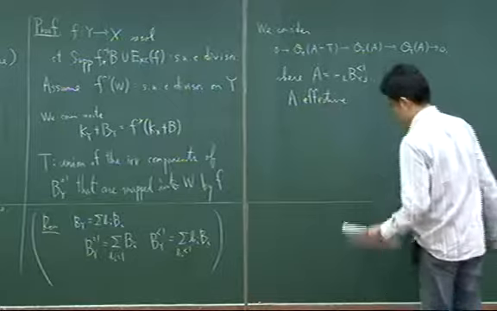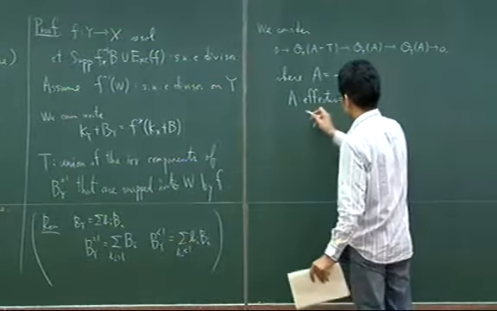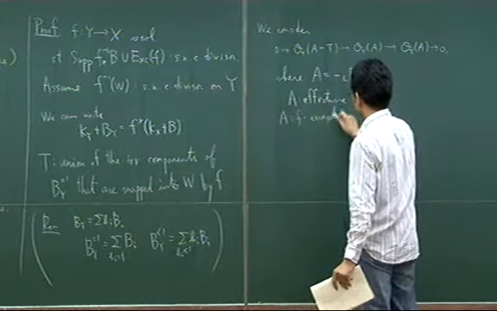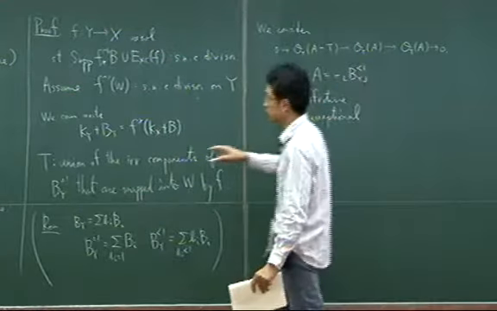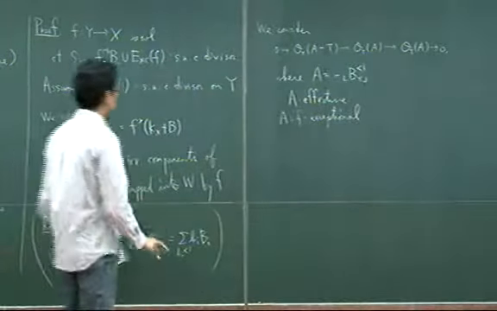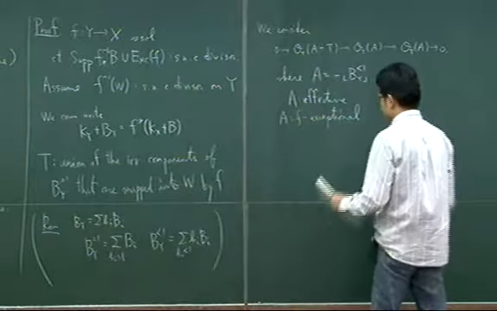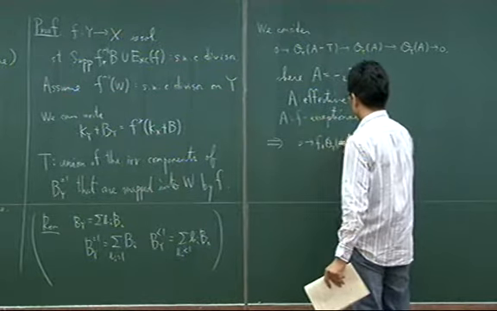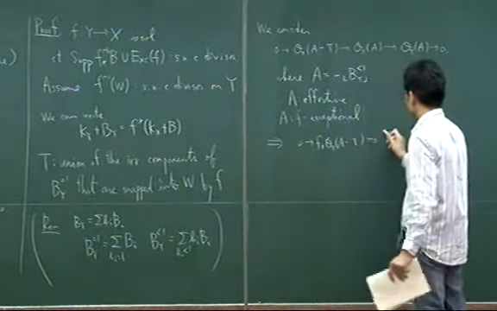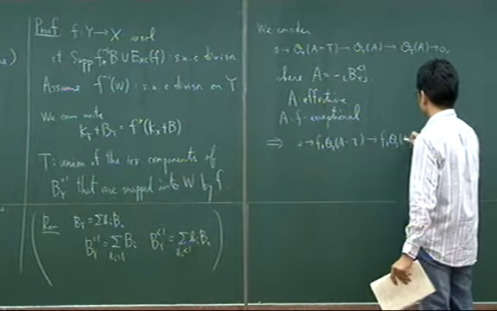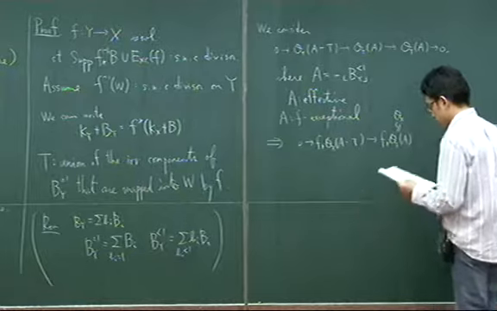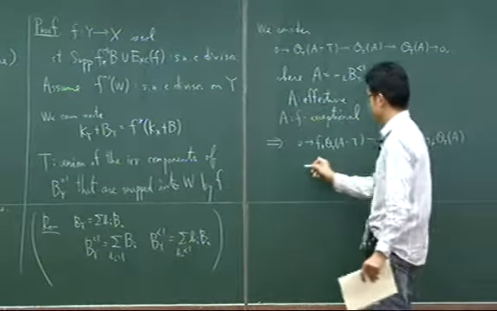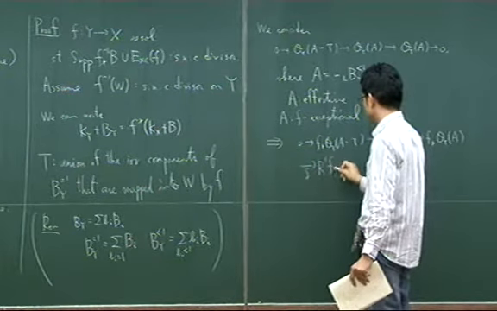So A is effective, and it can be easily checked that A is f-exceptional, since B is an effective divisor. So we obtain f_* O_Y(A minus T) to f_* O_Y(A), which is nothing but O_X, and we obtain this exact sequence. This is a connecting homomorphism.